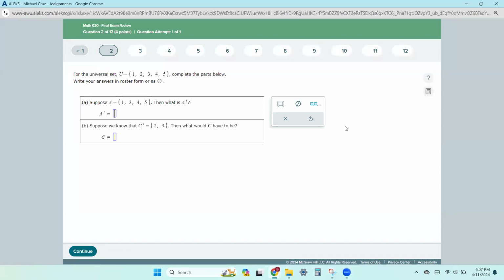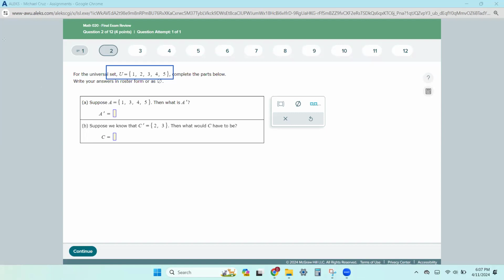These are both the same process. You remember the complement of a set is just what's not in it. The set that we're comparing it to is up here. This is what we're comparing both of these sets to, to find the missing one.